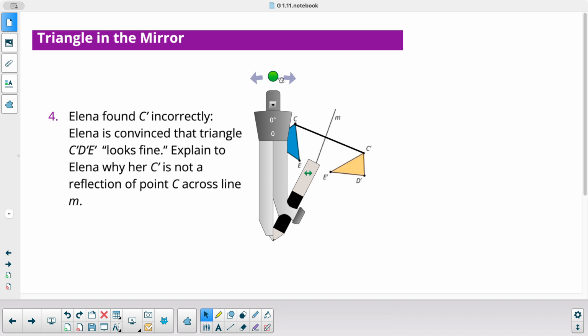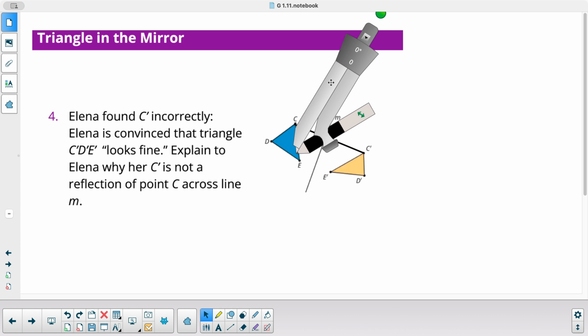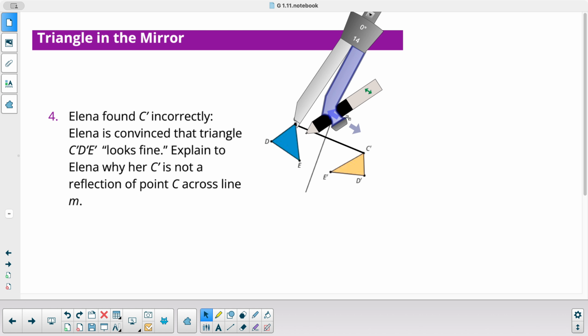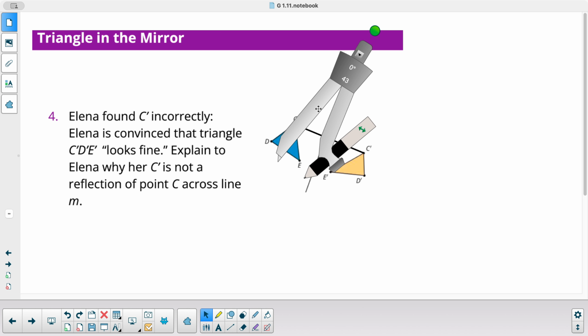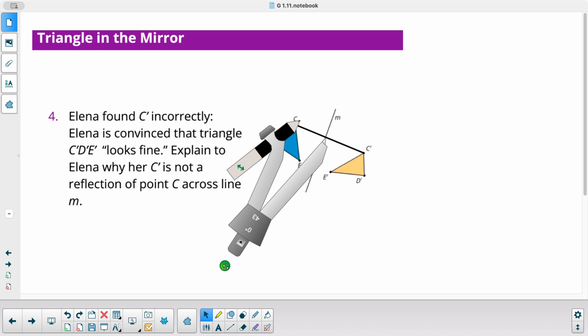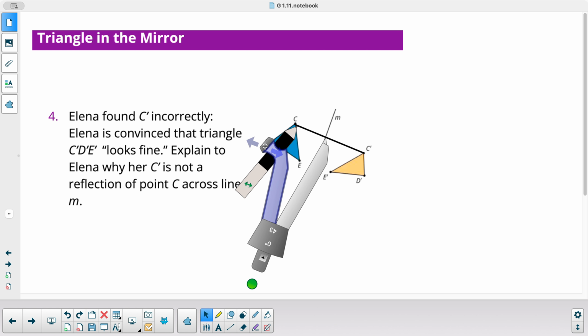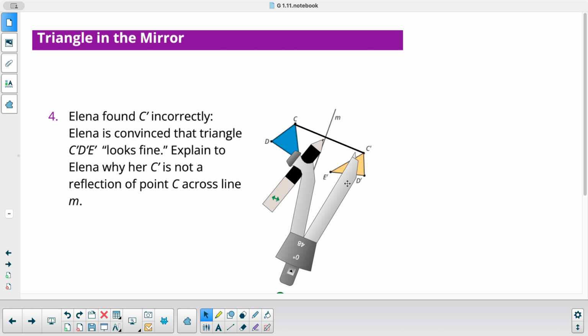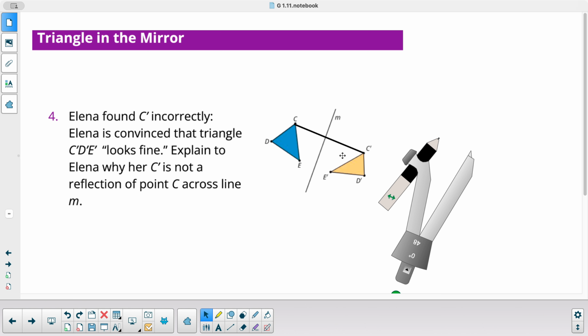If I check it here with my compass, that's just one way to check. Move it over here. So we can see that they're not equidistant. This one's too big over here, this side.